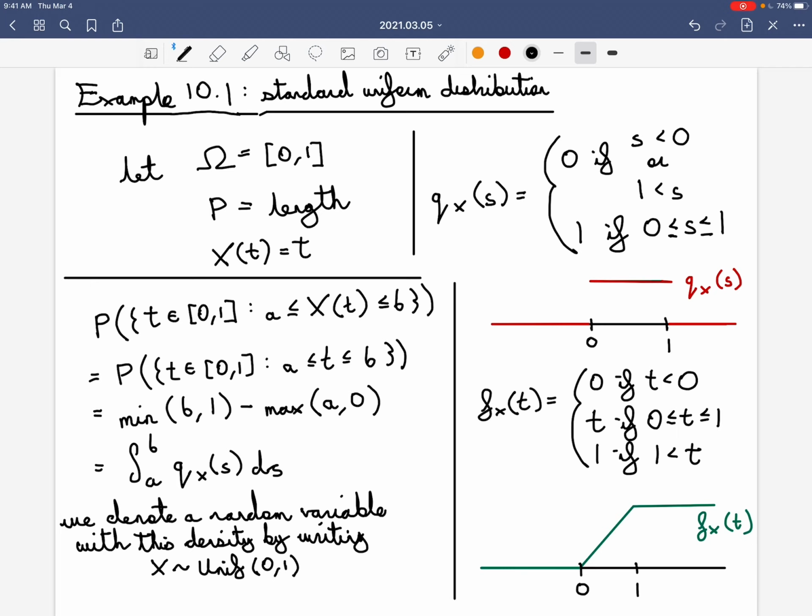Then the random variable we want to consider is X of t equal to t. On the top right, I have the probability density for this random variable. The density is equal to 0 if the input is less than 0, and it's equal to 0 if the input is greater than 1.